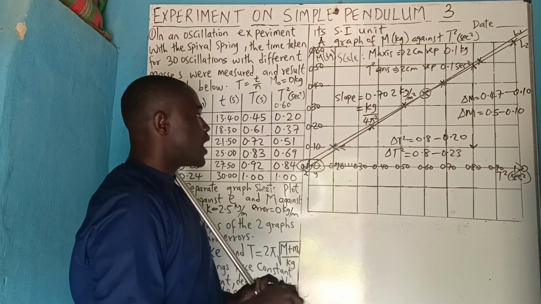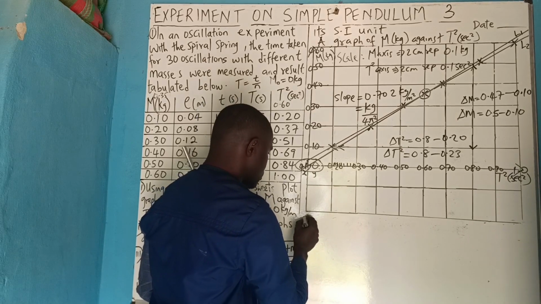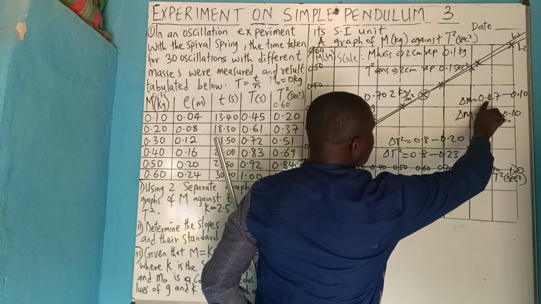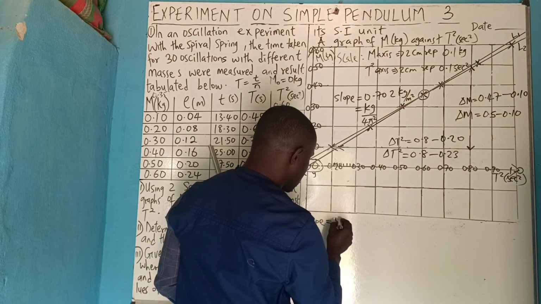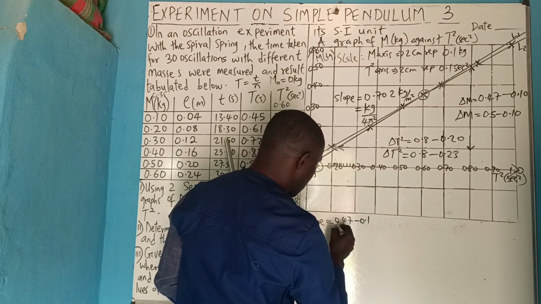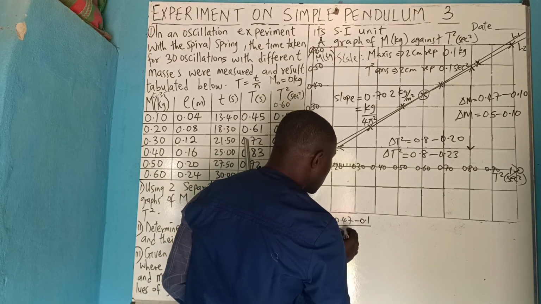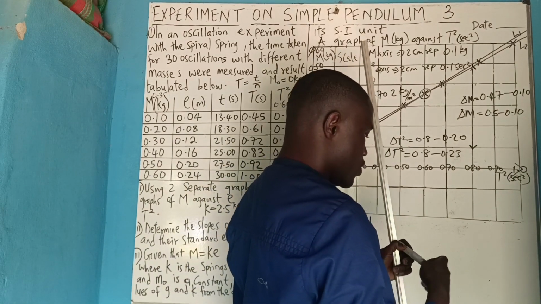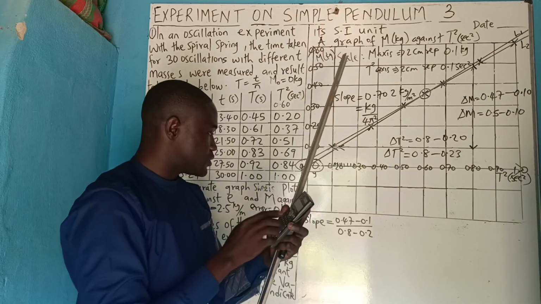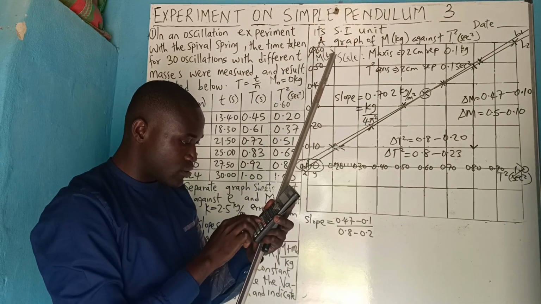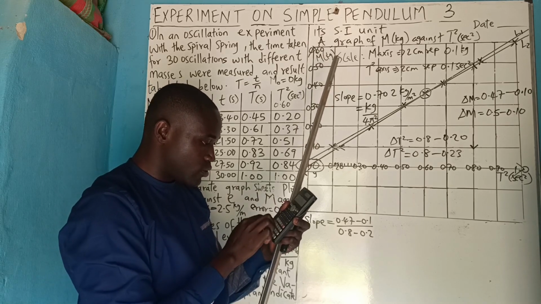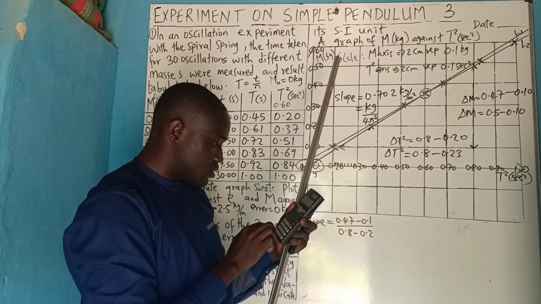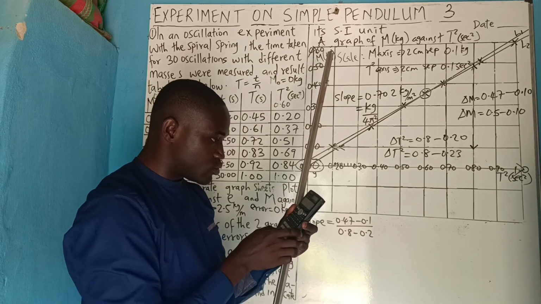Okay? Now, the slope of this one, the worst slope, will be equal to 0.47 minus 0.1 all over 0.8 minus 0.2. We use our calculator to check it out. 0.47 minus 0.1 divided by bracket 0.8 minus 0.2.